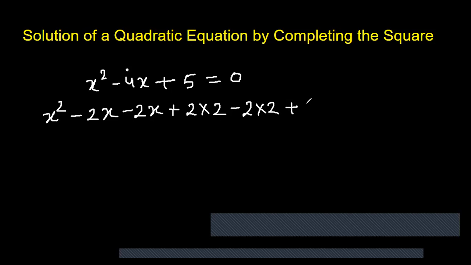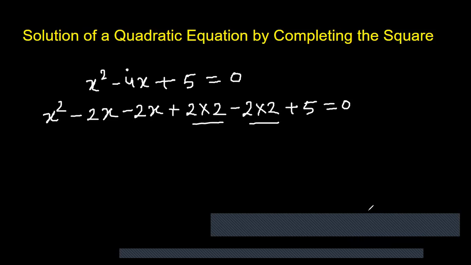Plus 5 was already there, equal to 0. See, what we have done is we have split this 4x in two parts, minus 2x minus 2x, and then we are adding and subtracting 2 into 2. So overall the equation has not changed. We have simply rearranged it a little bit.